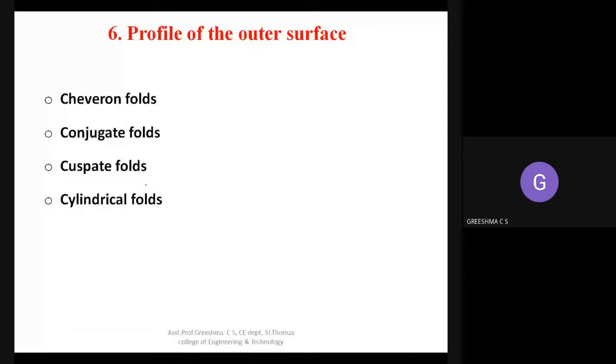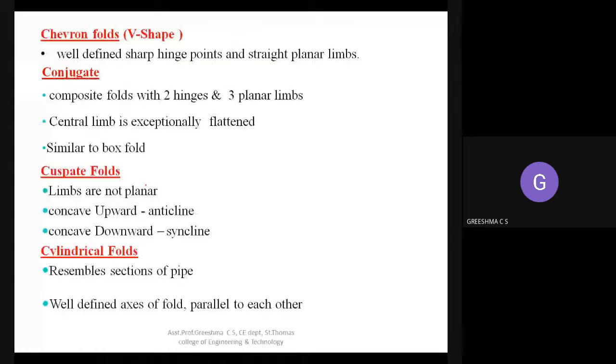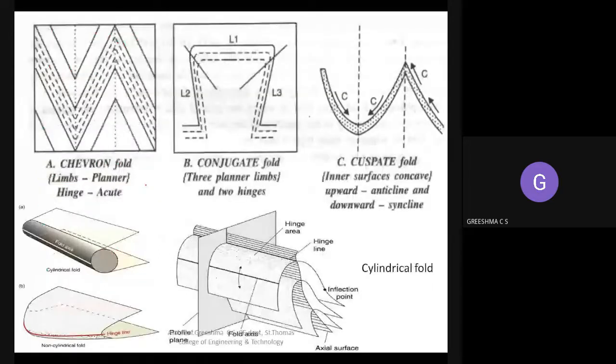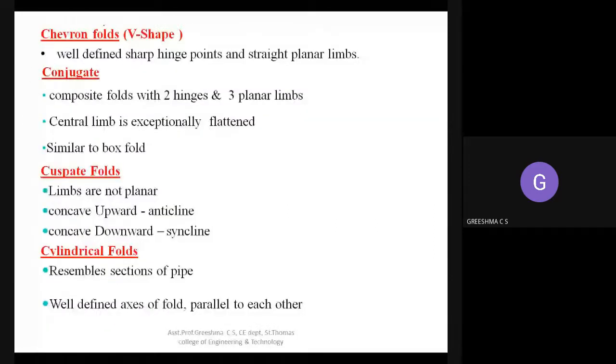Coming to the first one, that is chevron folds. Chevron means it will have a well-defined shape, usually a V shape. This is chevron folds, definitely having a V shape. Chevron folds are folds having well-defined sharp hinge points and straight planar limbs.